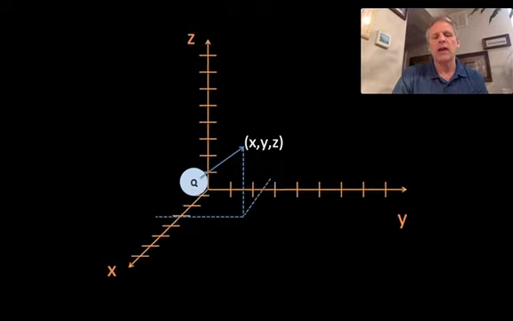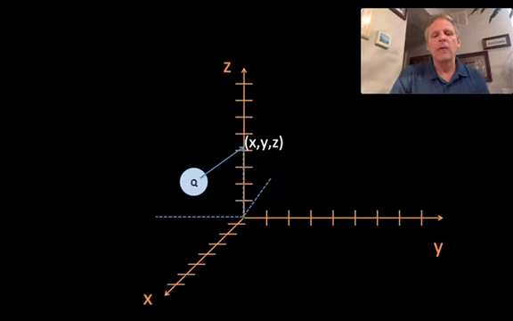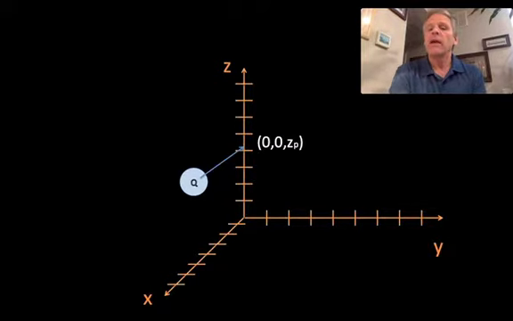So we're just going to slide it over like that, and we haven't changed the position of anything except for the axes. So the distance is just the same. The x, y, z is all the same, except that we have now translated. So now we are not at x, y, z, but we are at 0, 0, and I'm calling it z sub P, i.e. the z at the point that we are trying to measure the field at.